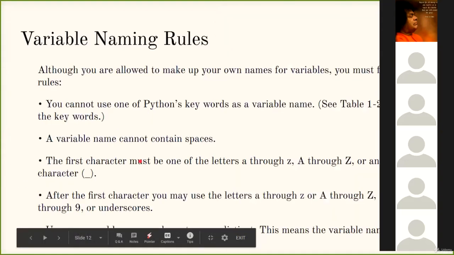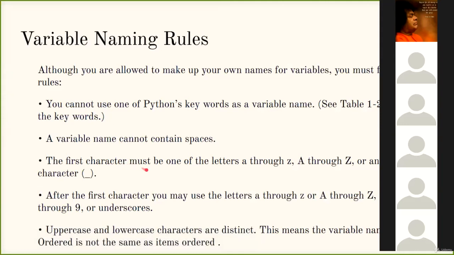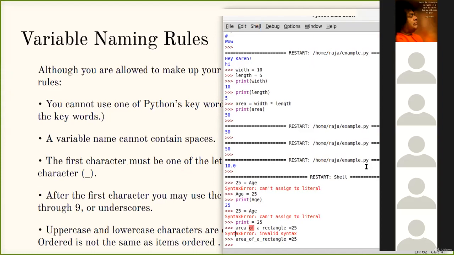Moving to my third rule, it says the first character must be one of the letters a through z, or capital A through capital Z, or an underscore. Which means my first character can be a, b, B. This can be a variable.